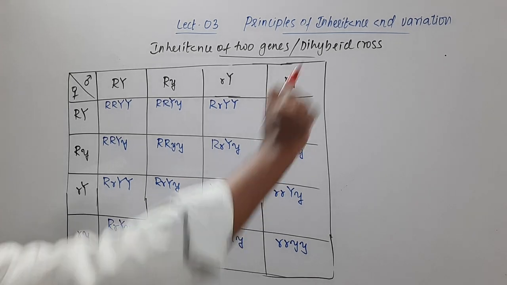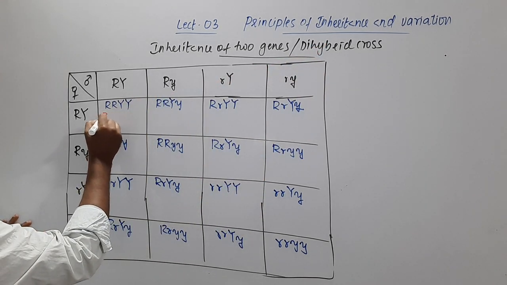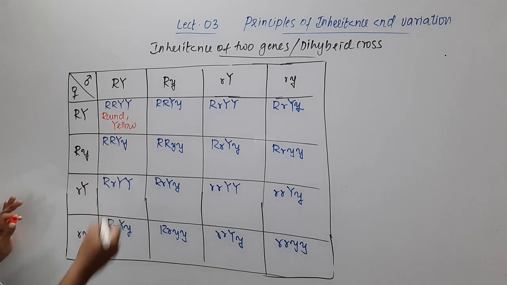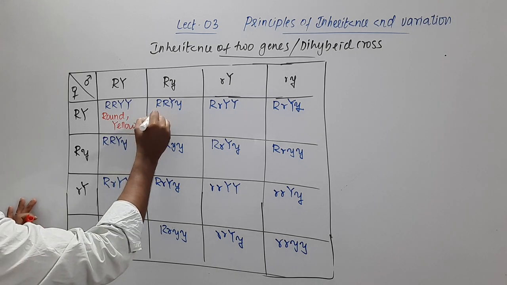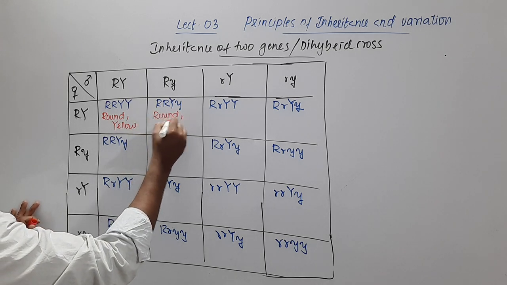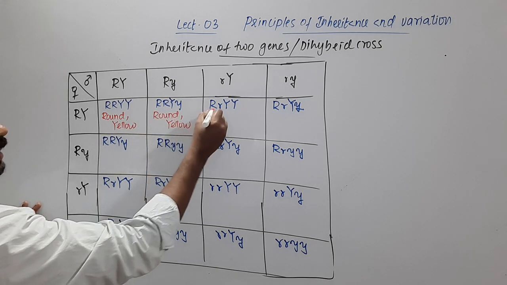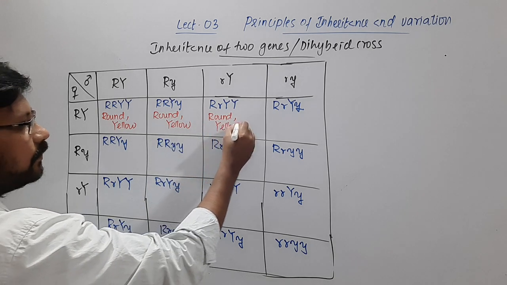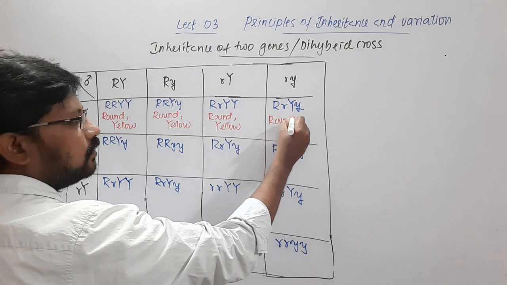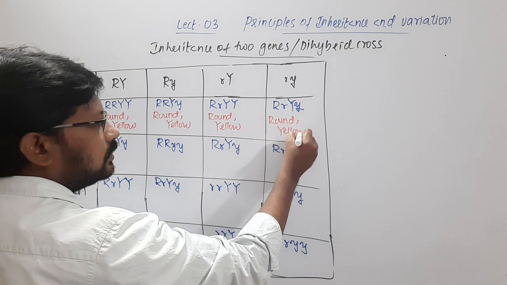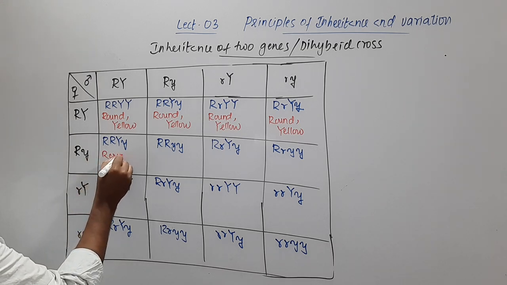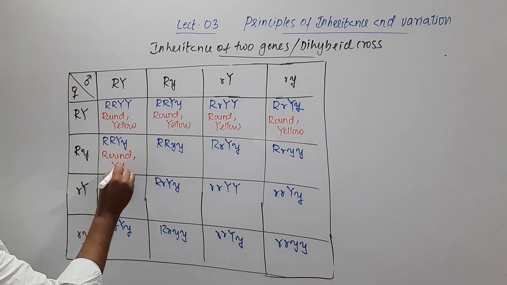So now let's see. This is round yellow. This is also round yellow. This is also round yellow. And this one is also round yellow. And coming down to the second row, round yellow again.